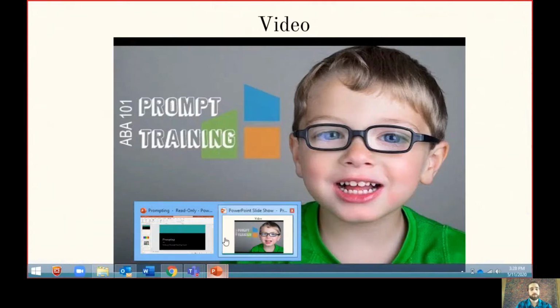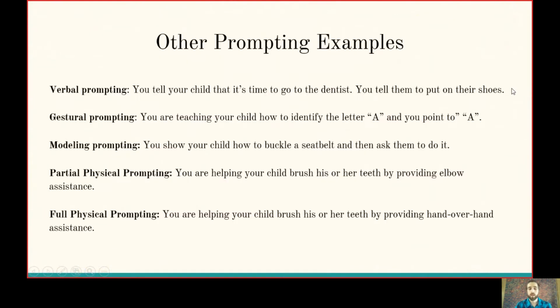All right. So, the following are additional examples of how prompting is used in everyday life. Verbal prompting: you tell your child that it's time to go to the dentist, and you tell them to put their shoes on. You're giving them the verbal prompt to put their shoes on so you can go to the dentist.